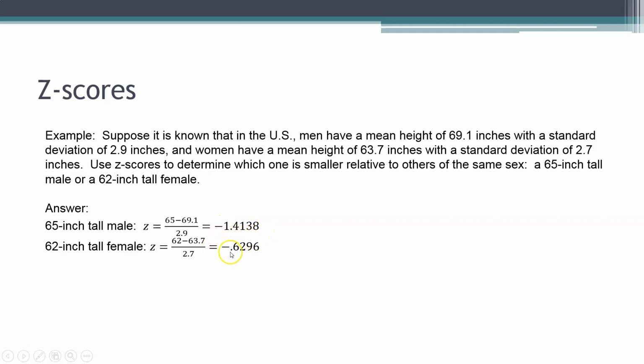The female is 0.63 standard deviations below the mean. Therefore, the male has the lower z-score, so he would be the shorter of the two, relative to others of the same sex.